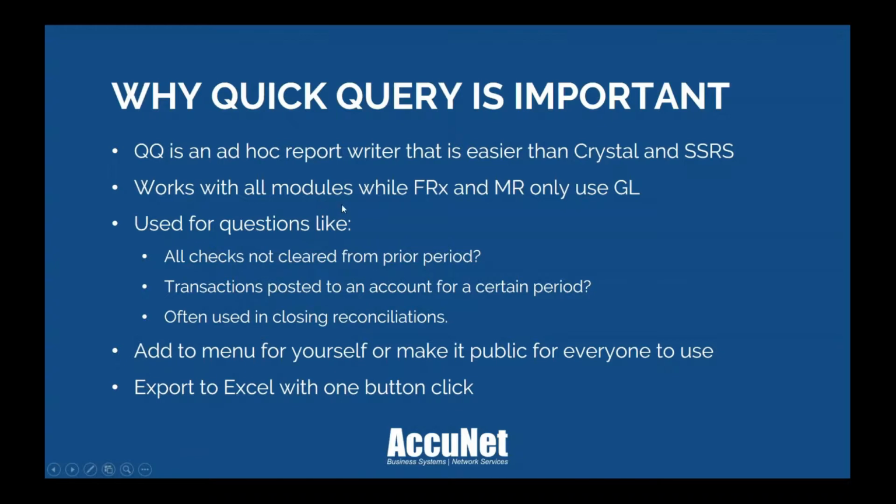The importance of it is it works with all modules. FRX and MR, you all use that report writer, but that's restricted really to general ledger detail, whereas Quick Query can grab inventory, project, accounts payable, accounts receivable, order management information, all the modules.